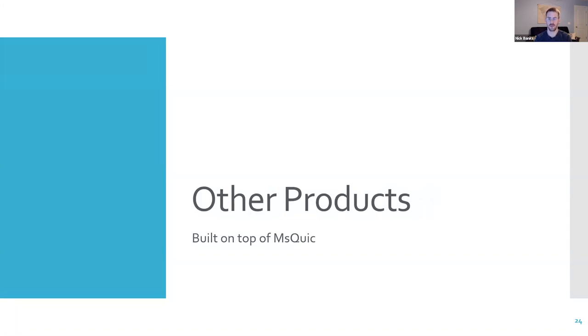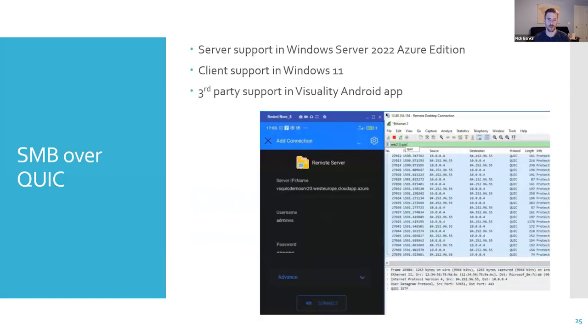So now to switch gears a little bit, we'll talk about various other products that have shipped using MsQuic. Most people looking at QUIC immediately assume HTTP3 is the scenario. Robin even mentioned in his introduction that HTTP3 is the application scenario. But in Microsoft, SMB file transfer scenarios are hugely important as well for QUIC.